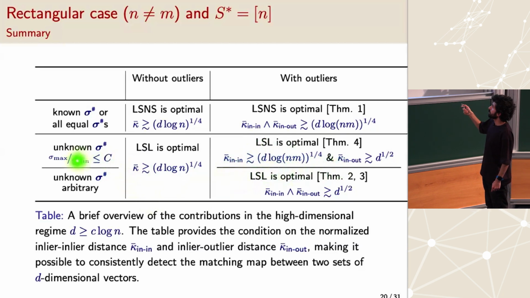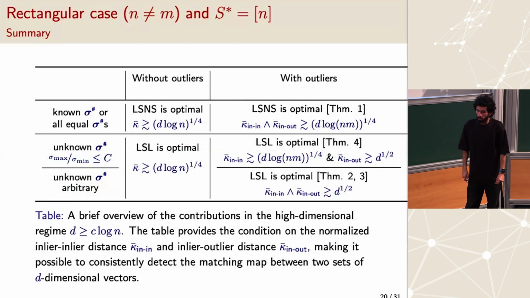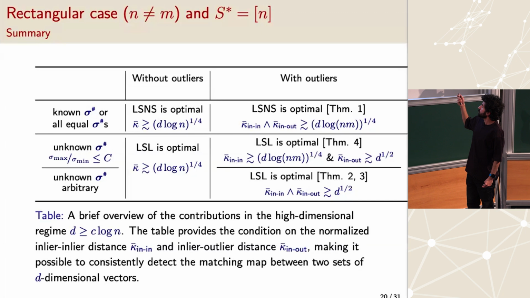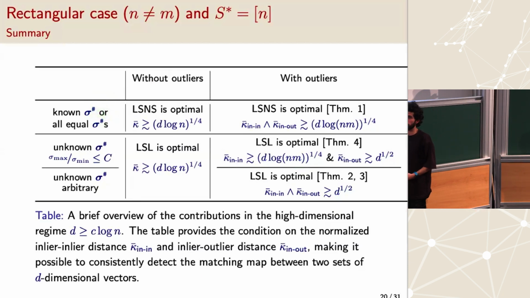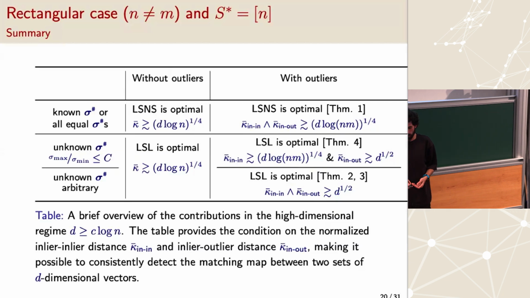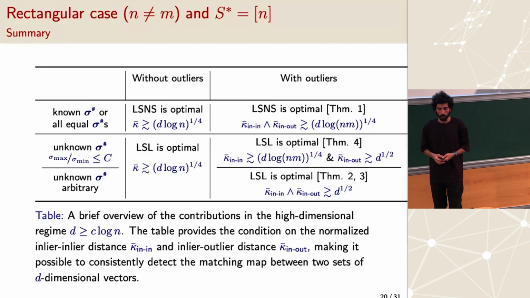In the case where the ratio of sigmas is finite, we were able to separate these two separation distances. However, in the case of arbitrary sigmas, we get a rate which is larger than in the case without outliers. So this means that the problem becomes slightly more difficult when you have two sets and you don't want to match all the points. So you have some kind of outliers in your problem.